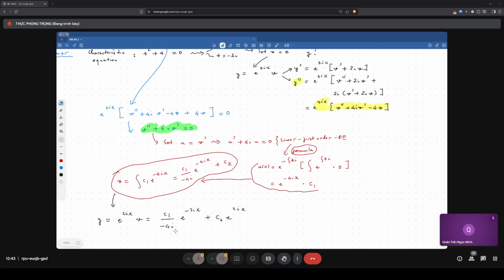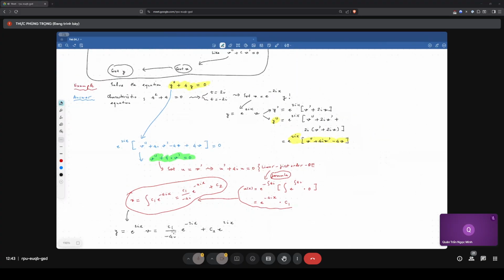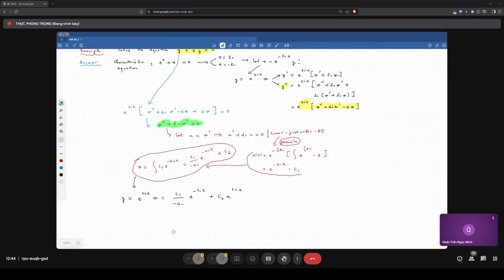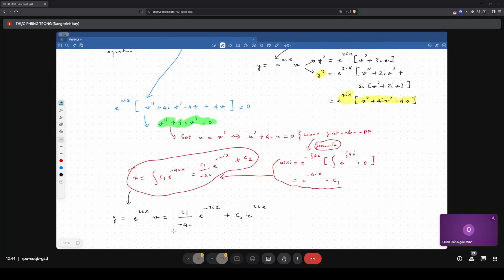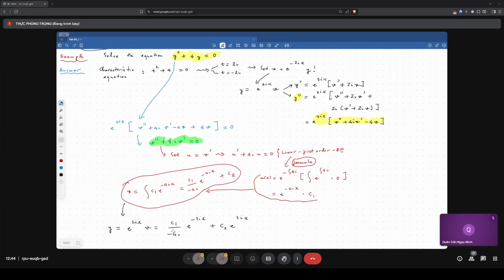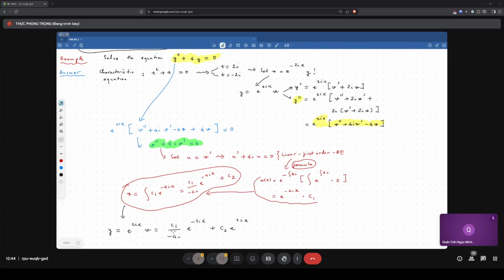Yeah. Is that right with y? So now you get the answer, right? c1 and c2 can be any constants.